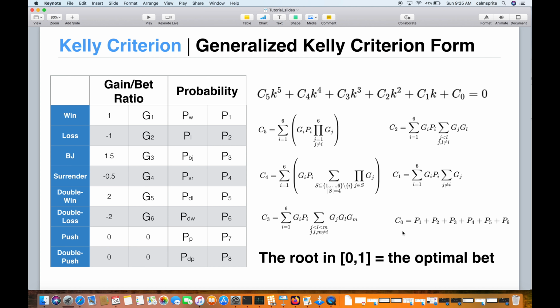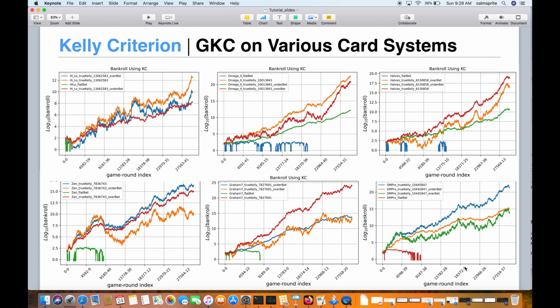While there are 5 roots, only one root is both real and lies between 0 and 1. This root corresponds to the optimal bet fraction. Note that each probability is a function of the true count of the counting system in use, and so is the optimal bet. We can apply the generalized Kelly criterion to any card counting system.